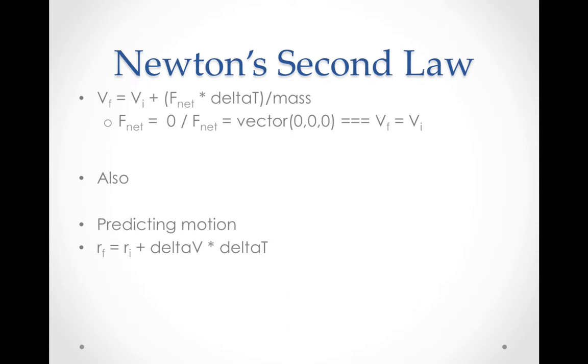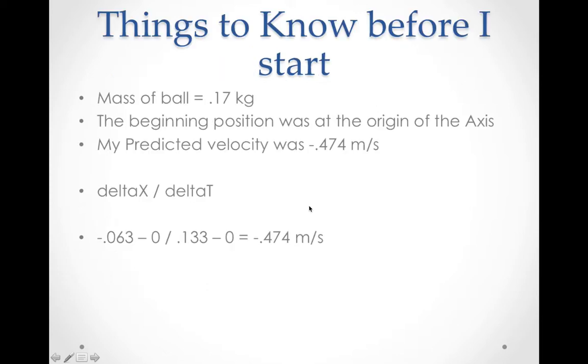But in this lab, the F net for my experiment was 0 because we are anticipating constant velocity. Also, we were looking at predicted motion, which is r final equals r initial plus delta v times delta t. It's just a way to test and see the difference in change of position of an object.